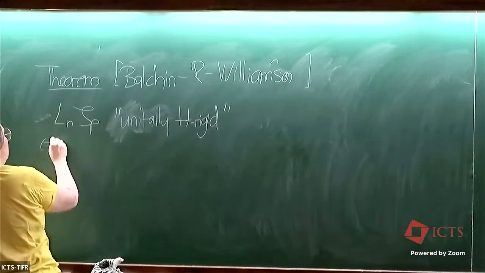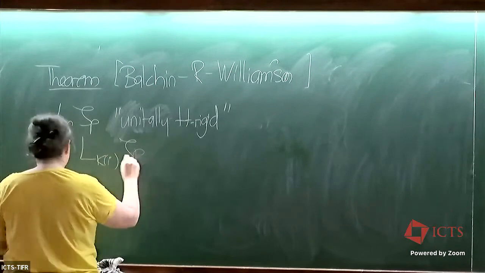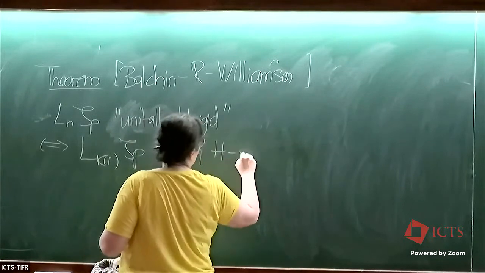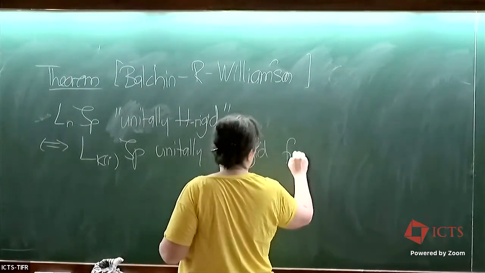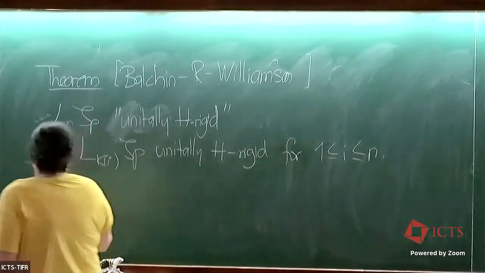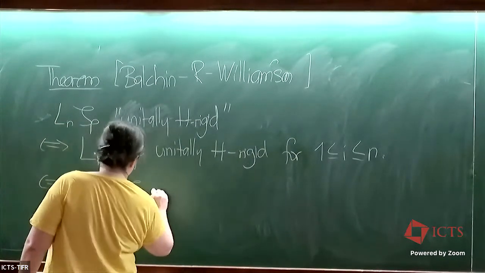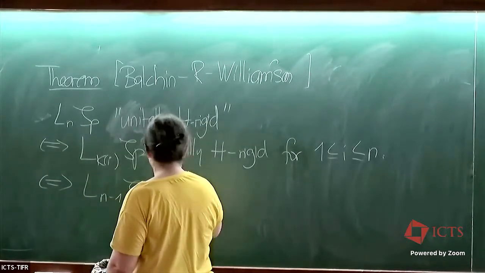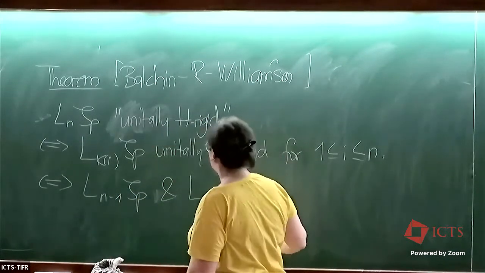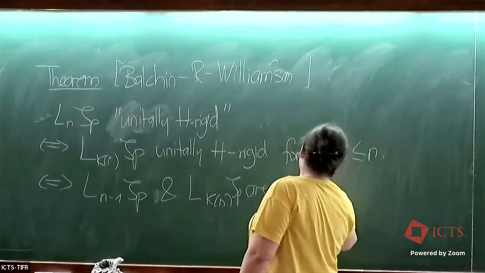That one is true if and only if it was true for all the layers. And that is also equivalent to saying the one below is unitary TT rigid, and the layer between the two is unitary TT rigid.